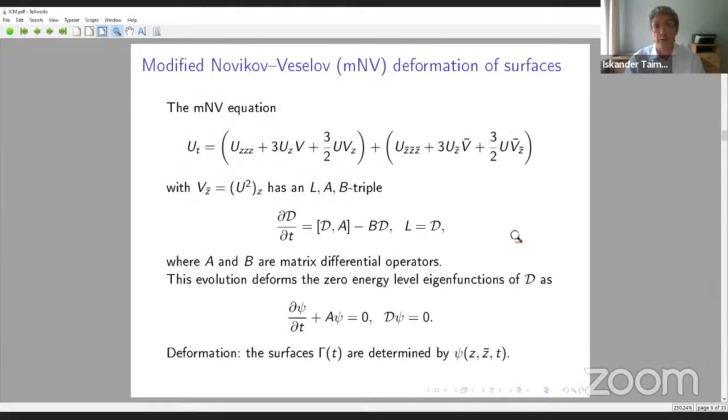There is the modified Novikov-Veselov equation. This is a soliton equation, an integrable system from soliton theory, 2+1 dimensional, which has this form. And in the limit where U depends on only one variable, it reduces to the modified Korteweg-de Vries equation. It is represented as an L-A-B triple, so dL/dt equals the commutator [L, A] minus BL. Here L stands for D, and A and B are matrix differential operators.